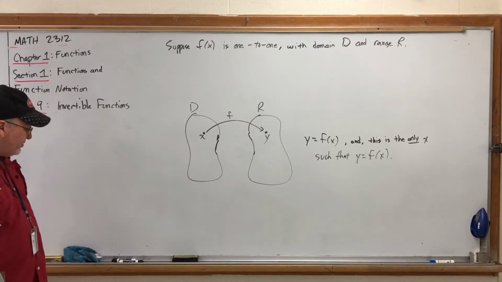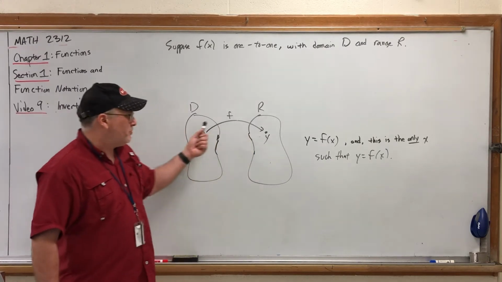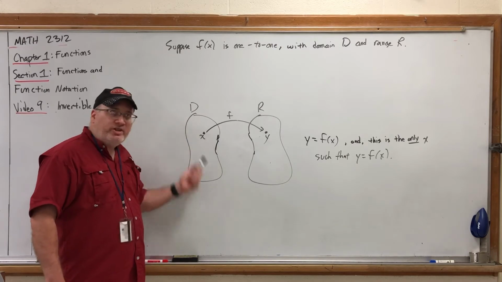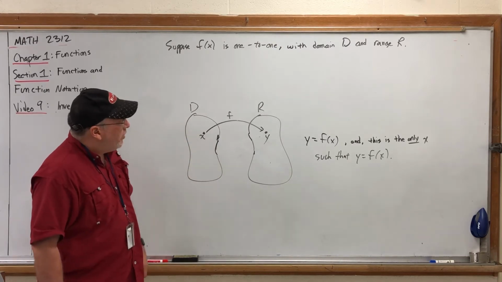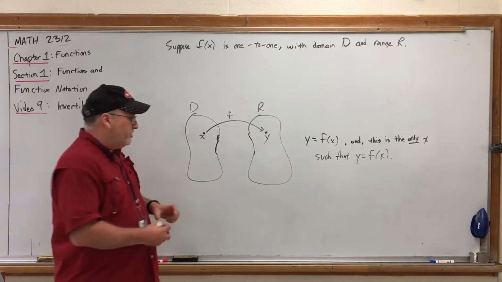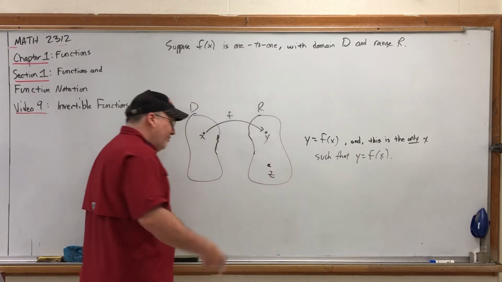So let's say we have a situation where every element in the range has precisely one element in the domain that corresponds as an input. Well, doesn't that mean if we go backwards, we can think of it as a function? For example, pick a number here, we'll call it z. Why not?